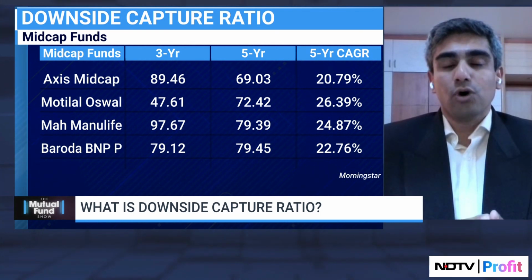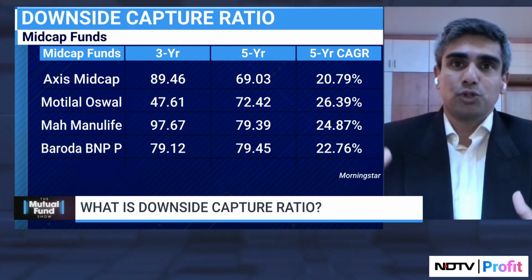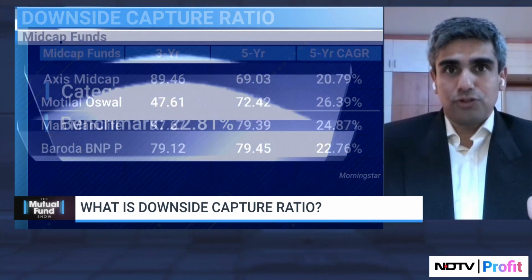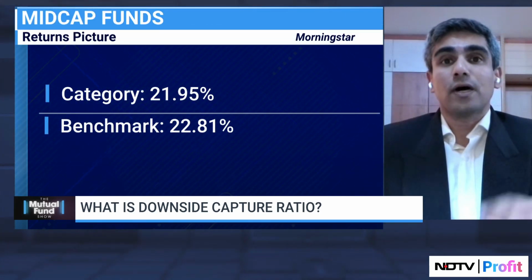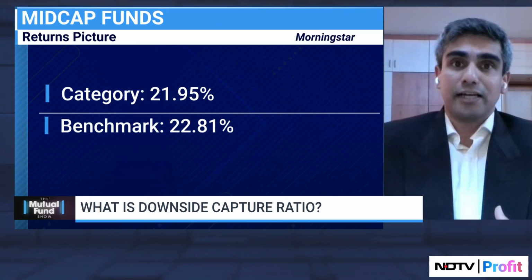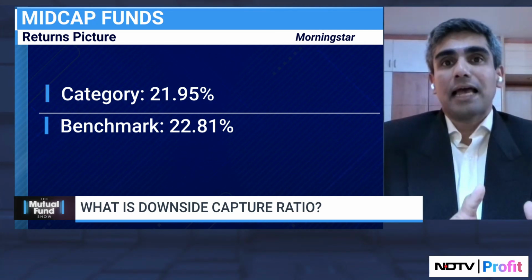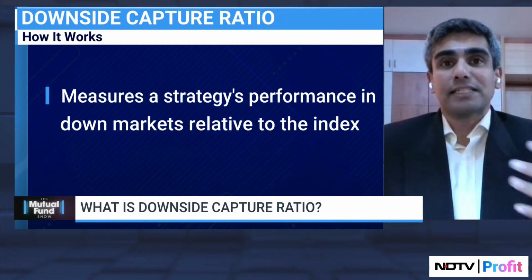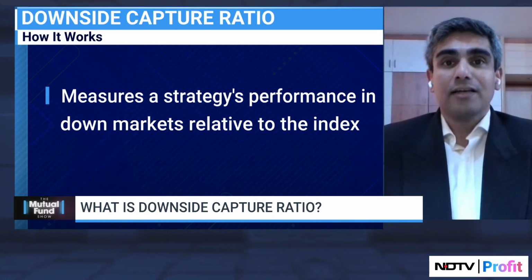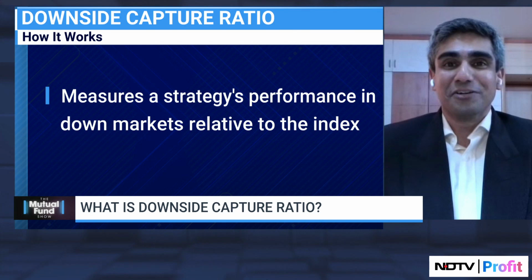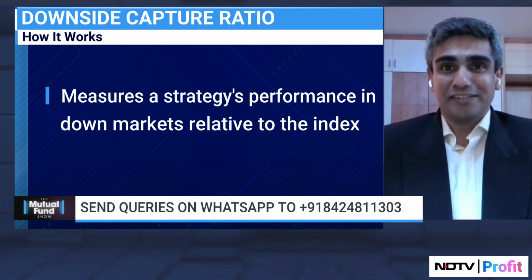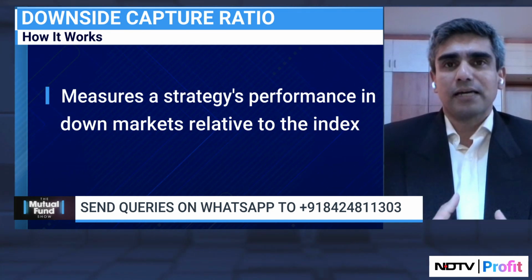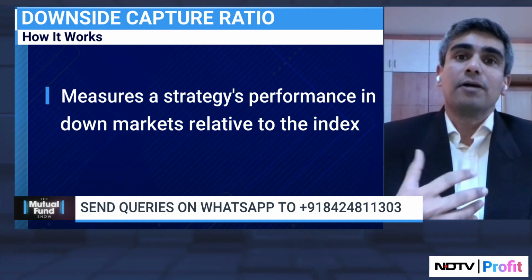So essentially what you want from a fund is an up capture ratio, which is exactly the opposite. How much of the upside of the bull market does it capture? You want that as close to 100% as possible, so that it's capturing the entire bull market. At the same time, as low a down capture ratio as possible, so that it's falling much less in a falling market, because investors are much more concerned when markets start going southwards, and especially in categories like small and mid cap, where you've seen greater volatility, it becomes even more essential.